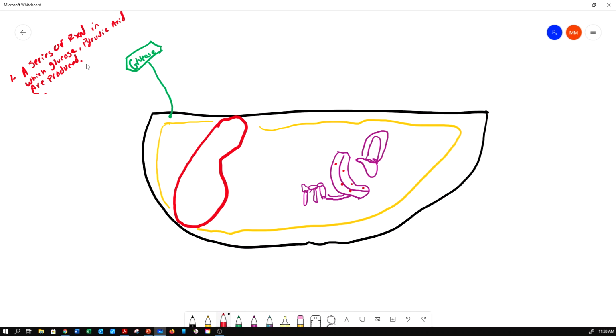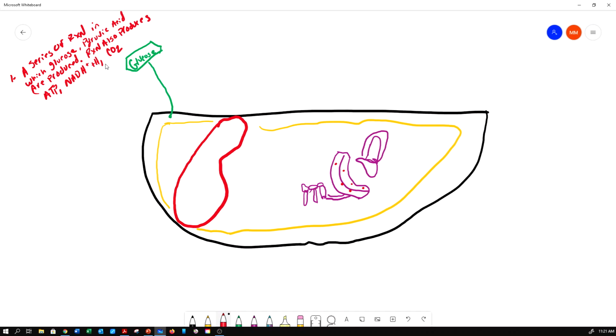All right, so we're going to see the reaction also produces some ATP, NAD, N-A-D-H, and CO2.